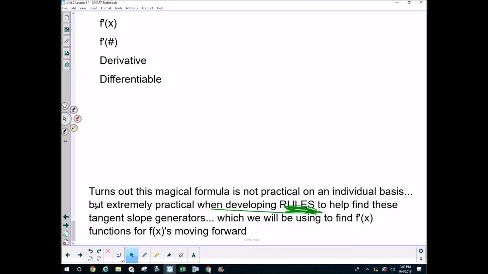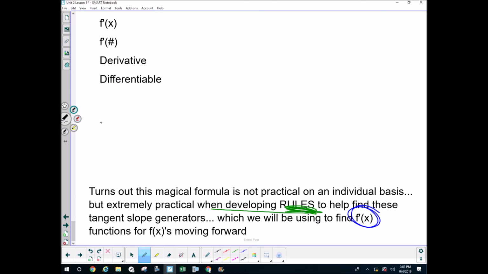To help quickly find the f prime tangent slope generating functions. In the future, we will not be doing all of that messy tediousness, and in the future we actually aren't going to be using the magical formula. It will have been used to develop the rules that we are going to use.